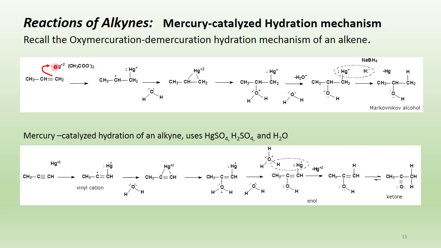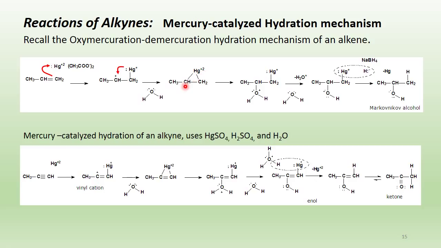Upon accepting that pair of electrons, mercury 2 is converted to mercury 1. Now mercury, like bromine and chlorine, has non-bonded pairs of electrons that it can donate to stabilize the carbocation intermediate and form a mercurinium ion bridge that prevents carbocation rearrangement. Note that mercury has gone back to the plus 2 state after this.